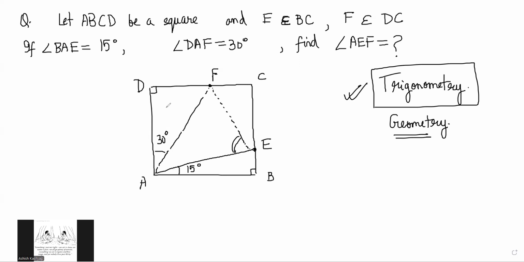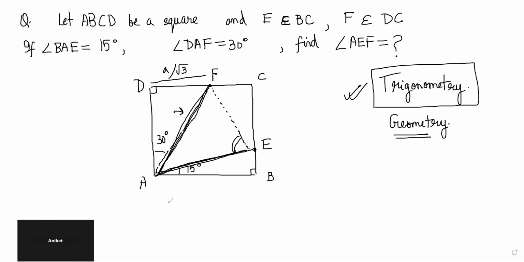It's obvious. We can find this side length. It will be a by root 3 if a is the side of the square. We can find this length easily. Once we know this length, all we need is this length. It's not very difficult to find this length because you know 15 degree here, and this is a tan 15.